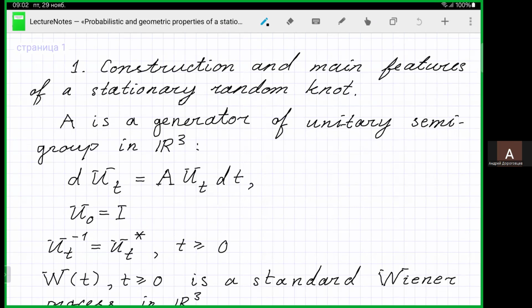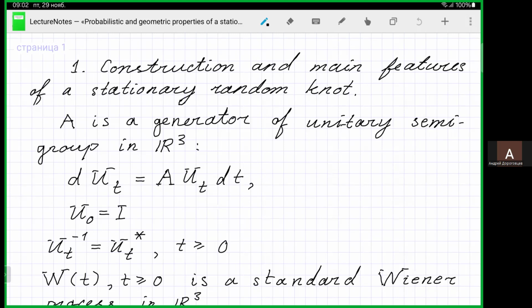So one can imagine that if we move this smooth curve, then we will get a moving random knot. To do this, let me present firstly a motion of the curve in the space R3.